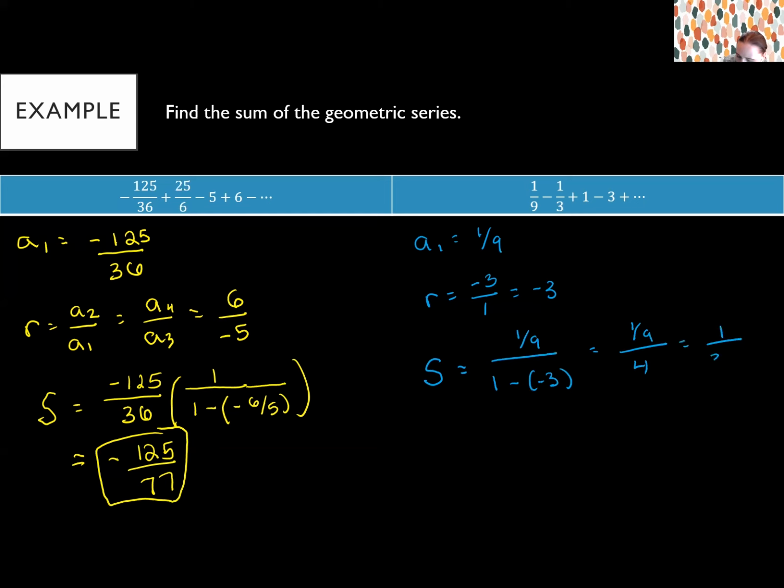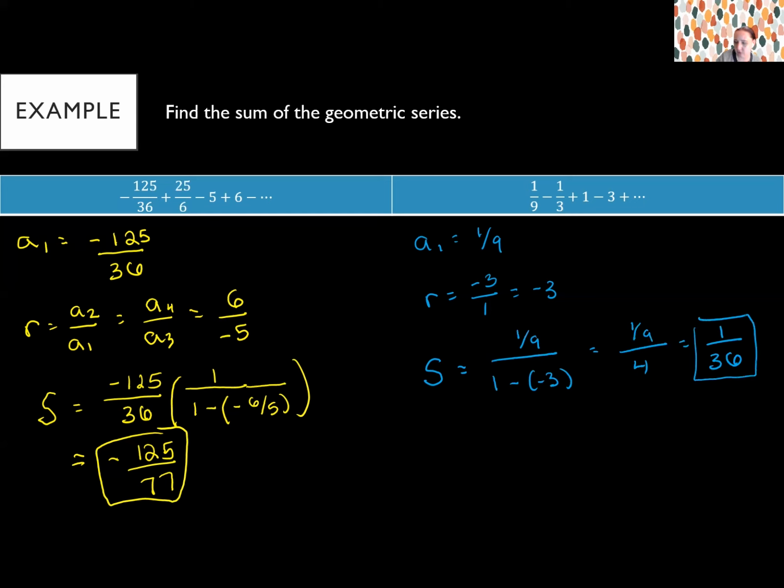Yeah, this should come out to 1/36. So when I put in my calculator, you have to make sure that you've got your parentheses all in the right spots, or your divisions all in the right spot, because if you don't, then your numbers could come out to be wrong.